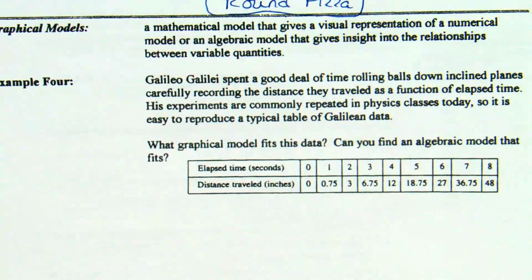So we're going to use our calculators to graph this data. Because I want to know, is this a linear model where the data forms a straight line? Is it a quadratic, a cubic, exponential? That's what we're going to be looking at here, looking at the graph and trying to figure out what this graph looks like.